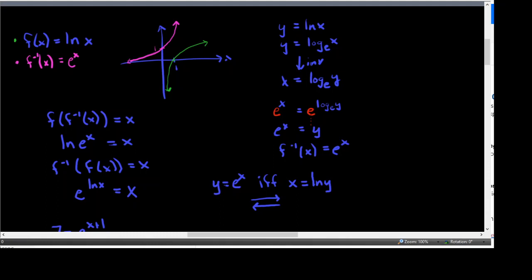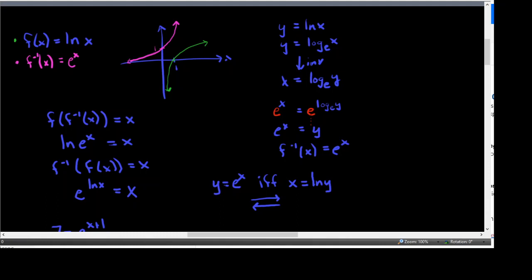The function f of x equals e to the x is continuous. It is increasing, and it is one-to-one on its entire domain. This graph is concave upward on its entire domain. The concave downward graph, when reflected over the line y equals x, becomes concave upward.